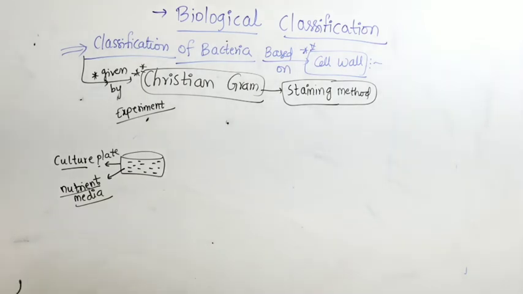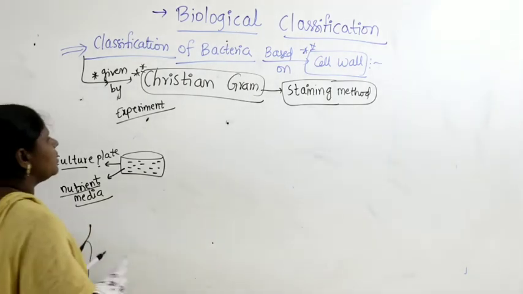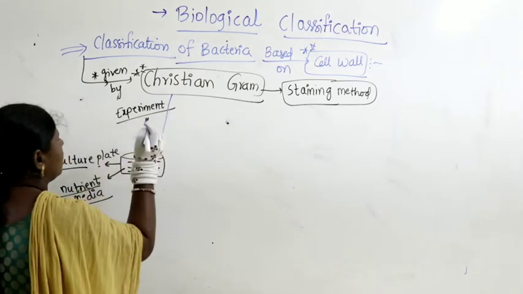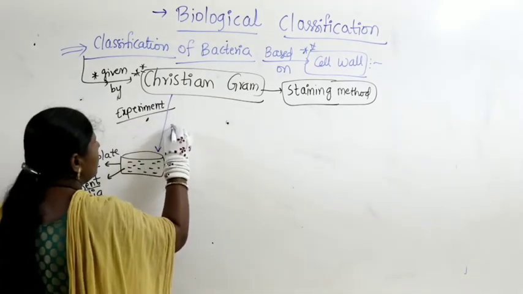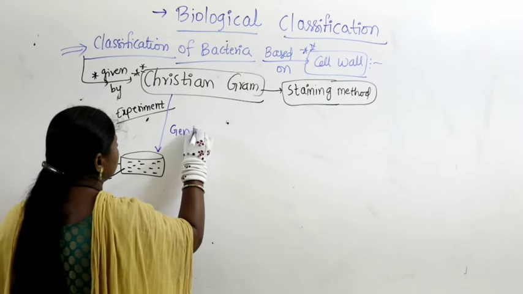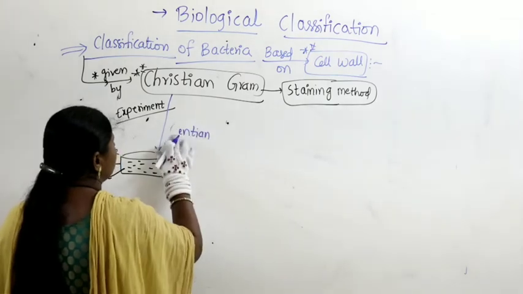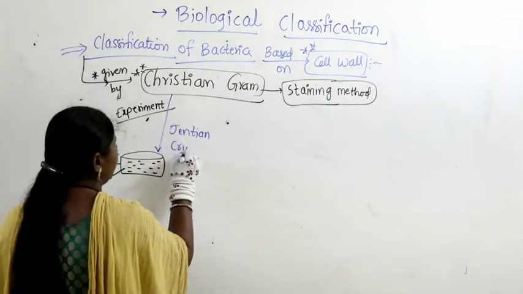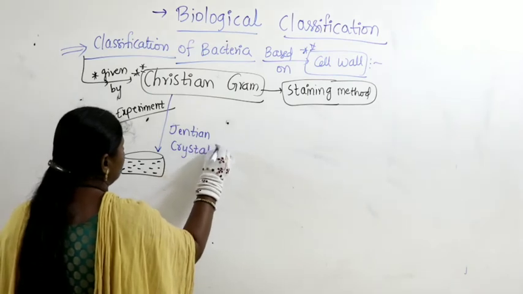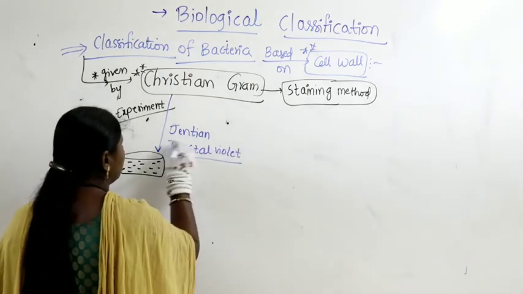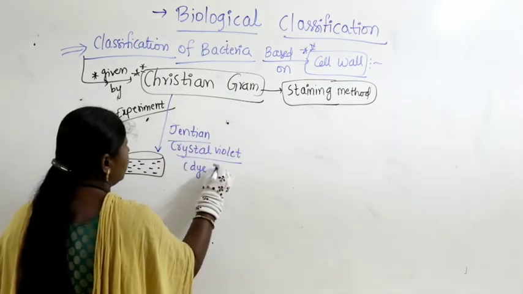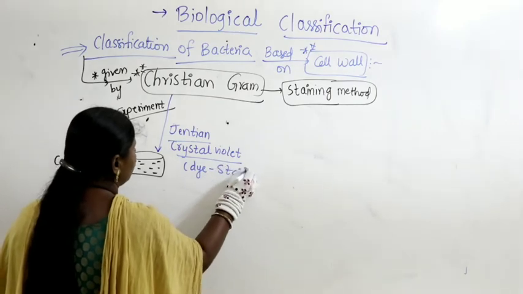Then he applied gentian crystal violet. It is nothing but a dye, which we also call a stain.